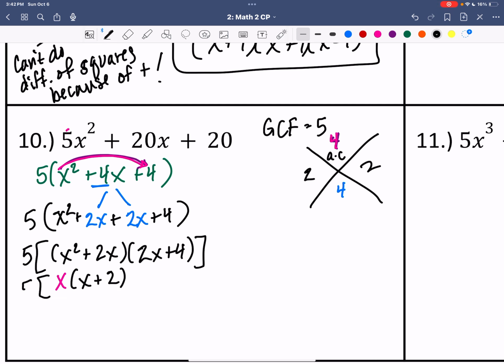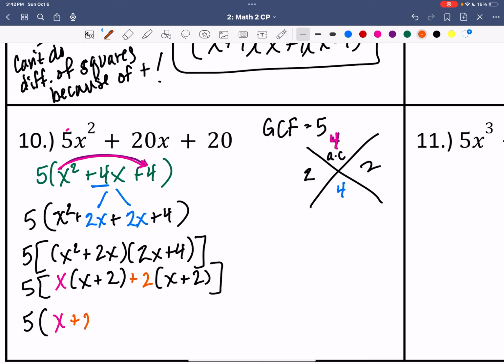Don't forget you have that 5. And then here, I've got 2. All right, so now let's go ahead and put this 5. And I've got x plus 2.